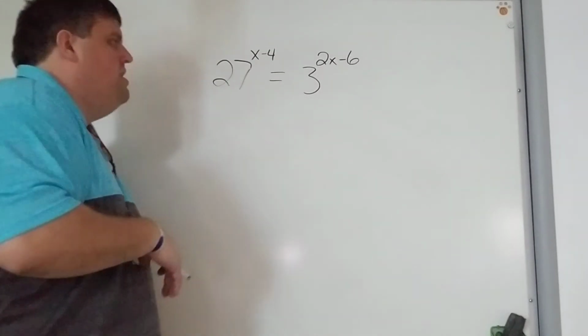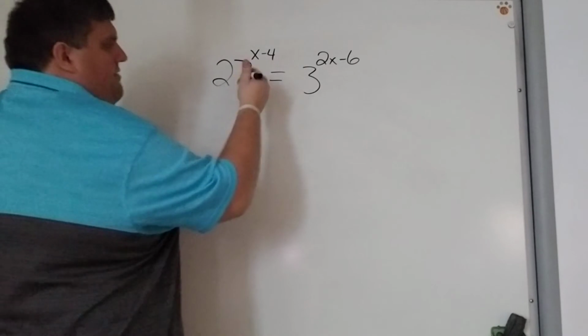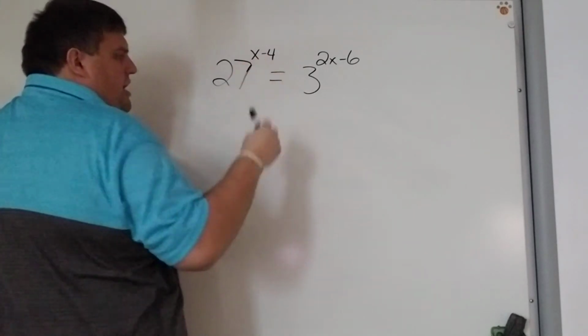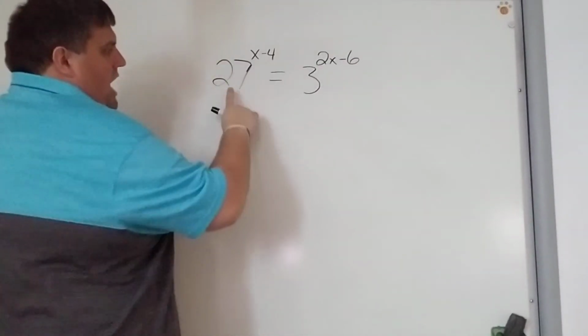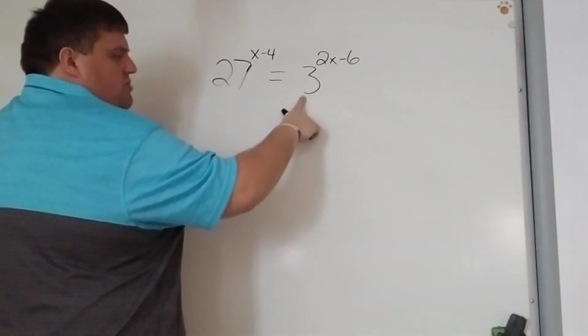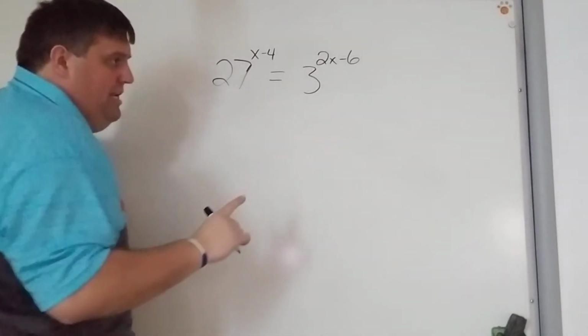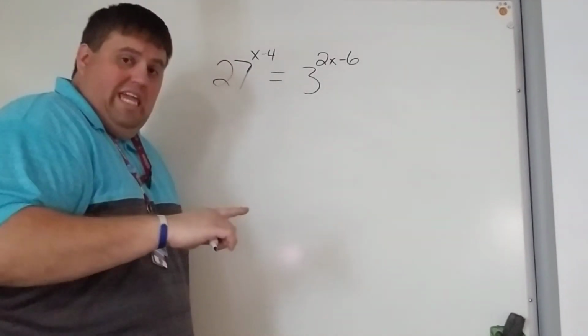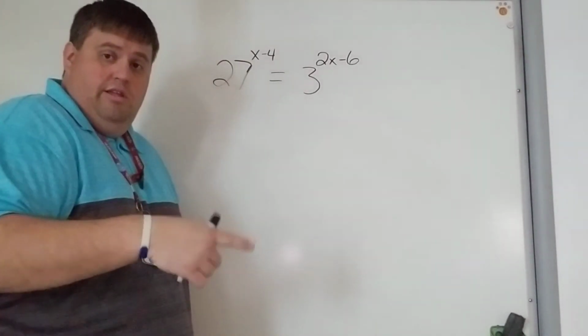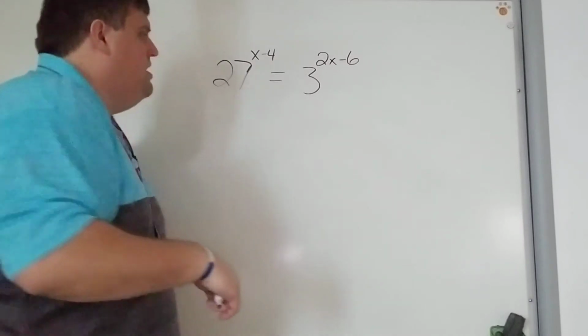Good question. I always think of it this way: you take the higher number and you work down. So I want to turn 27 into a 3. To do that, we need to think of it as 3 to some power. We need to use an exponent.